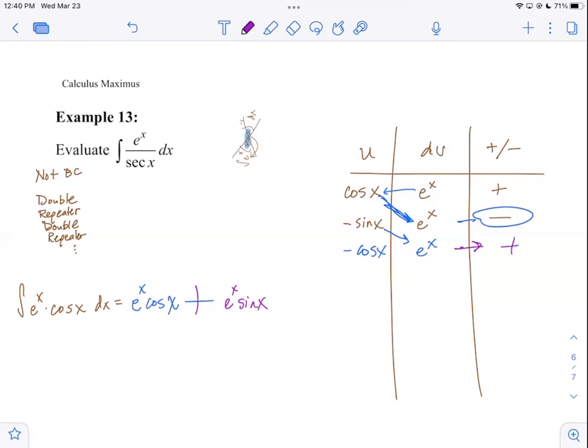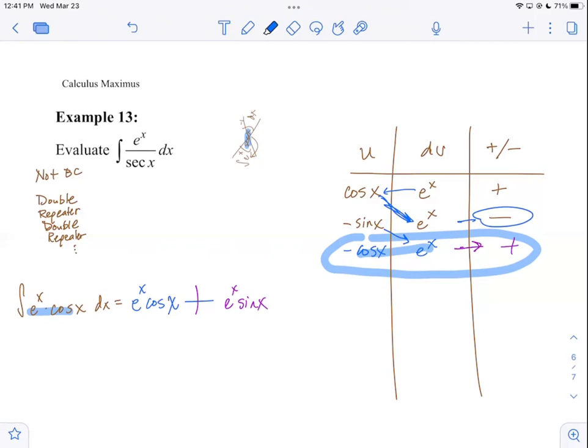Well, when do we stop? Here's when you stop. You stop whenever your horizontal product gives you the same product that you started with, okay? Which is this line. You see that? If I were to tie it off here with a horizontal product, I would end up with an integrand that's some type of e to the x cosine of x.